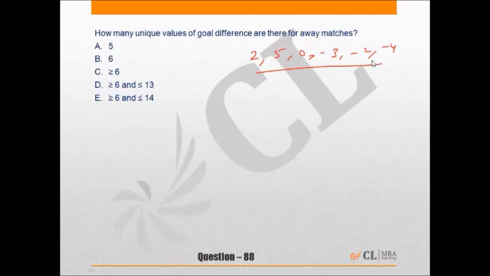These figures can be checked through the table that we have drawn for away matches. So the answer of this question is B, if we consider data only for those teams for which we have found the data.